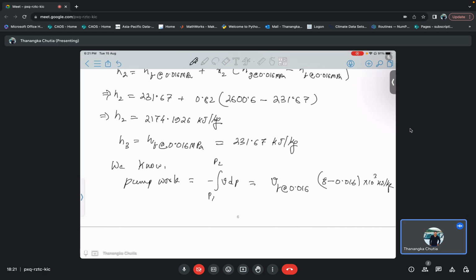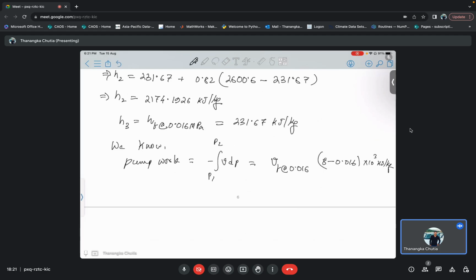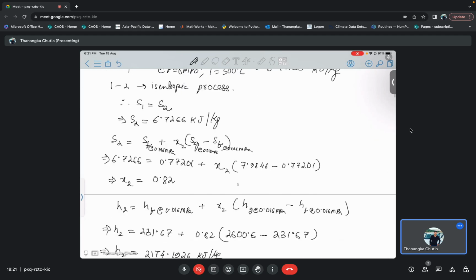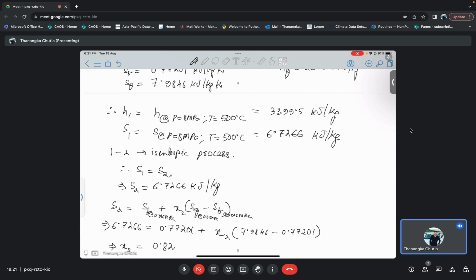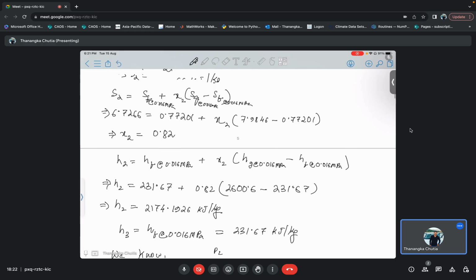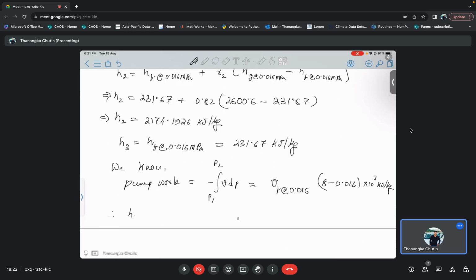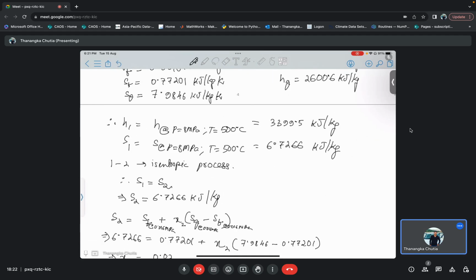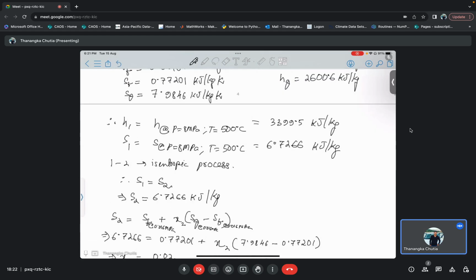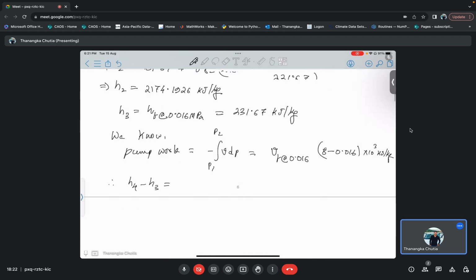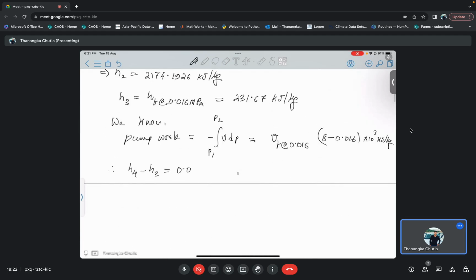So you can take this VF as constant and take it out, and this can also be written as H4 minus H3 is equal to VF at 0.016, which is 0.0010471, times (8 minus 0.016) into 10 to the power 3.